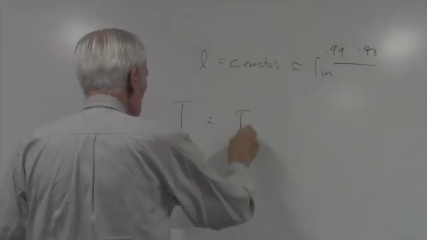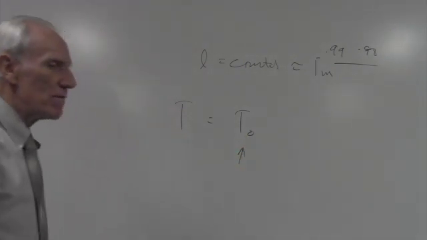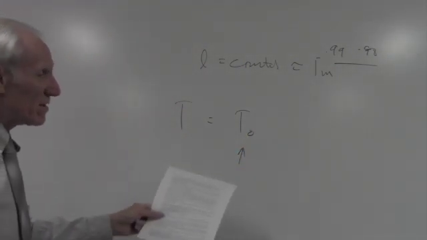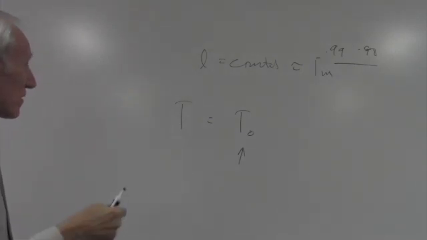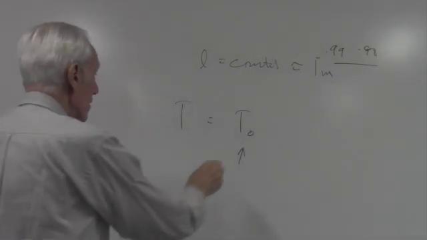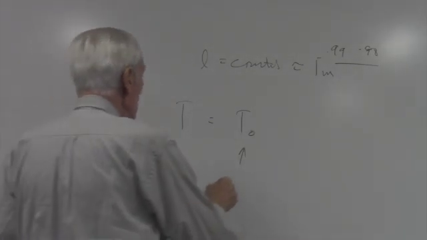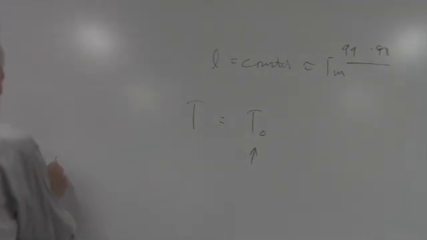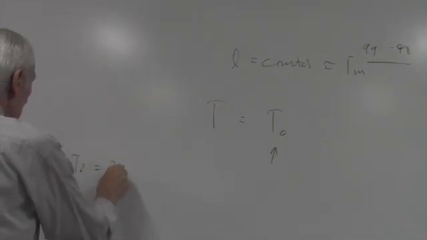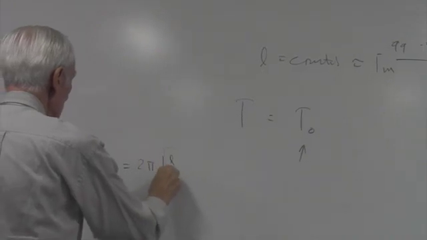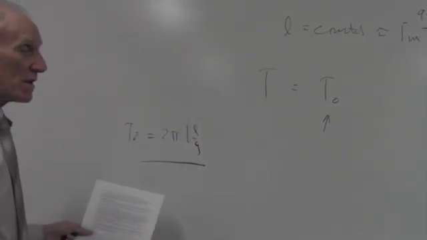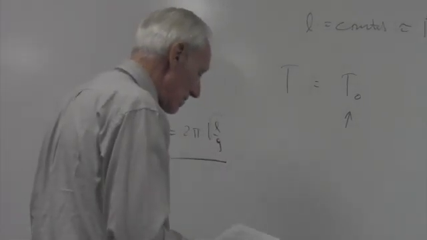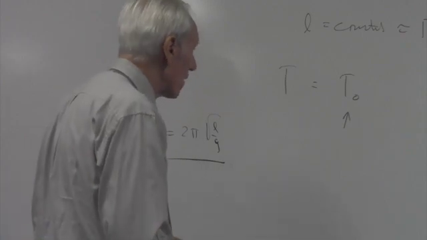So this period is going to look something like this. This is called the period for small oscillations. The 0 means pretty close to 0, that is small amplitude, and that's the formula, 2 pi times the square root of L over g. That's what T0 really is, the formula we've been using today and also a couple of weeks ago.